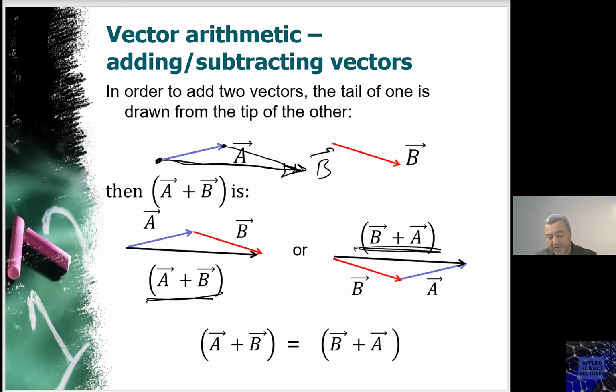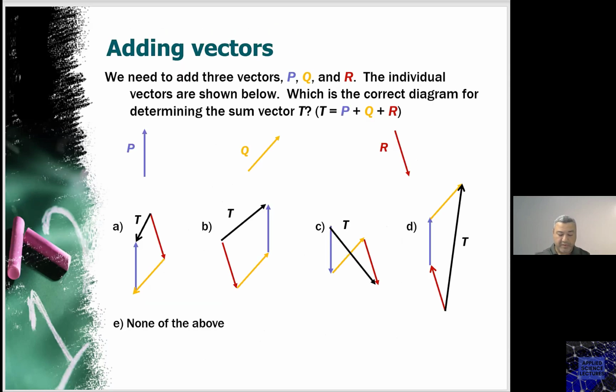So if I'm starting with B, I would draw the A vector such that the tail is at the head, and then I would connect the tail of the first one with the head of the last one, or the second one in this case. So let me now ask you, if I have those three vectors, P, Q, and R, those are bold, which basically represent vectors.